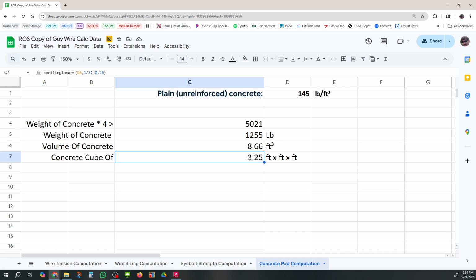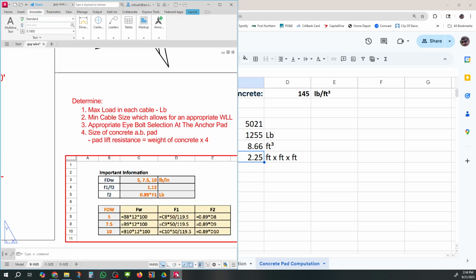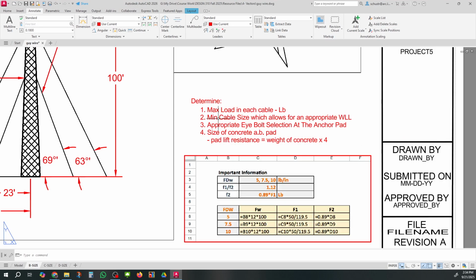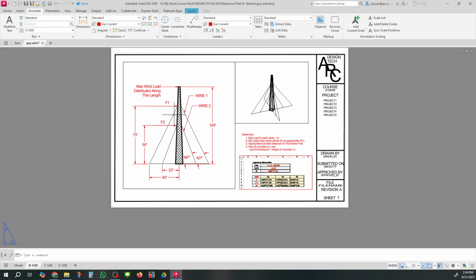Okay, there we go. That is how we use a true shape drawing and the idea of vectors to find forces.